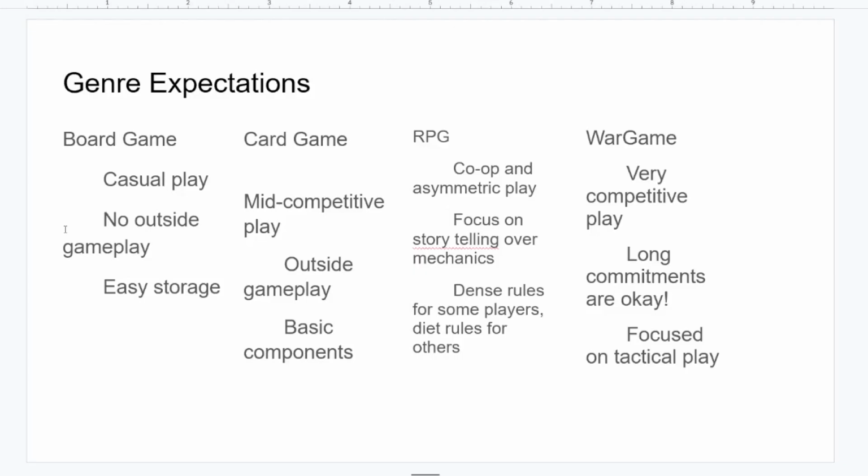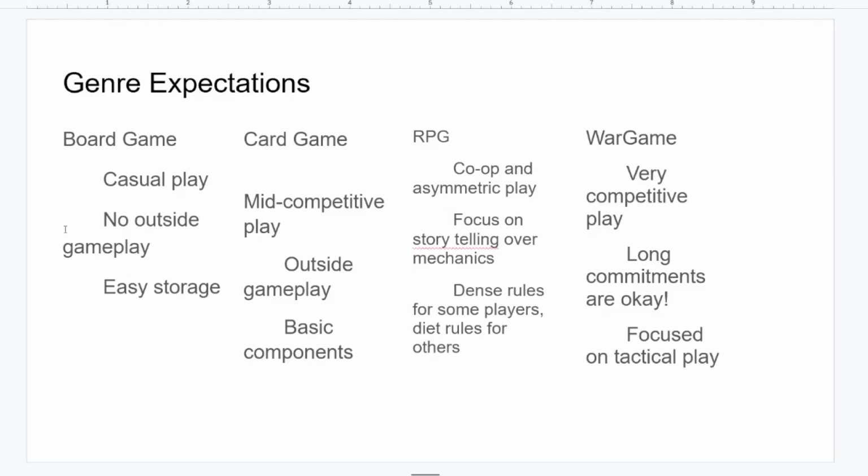They tend to be a little bit more luck-focused, and thus a little bit more casual, but still have very strong competitive scenes. And card games require you to have very basic components. People who play card games don't want to have to drag an entire briefcase just to sit down and play a single game. They want to take a deck of cards, a playmat, and maybe a handful of tokens, and that's it.